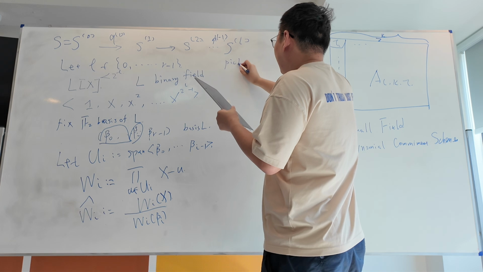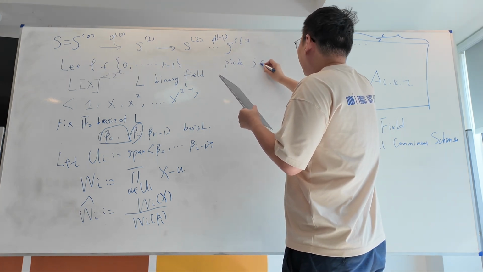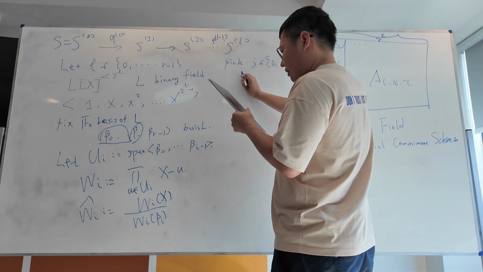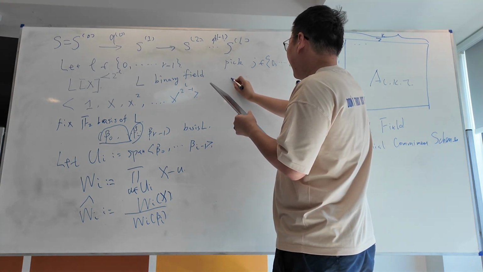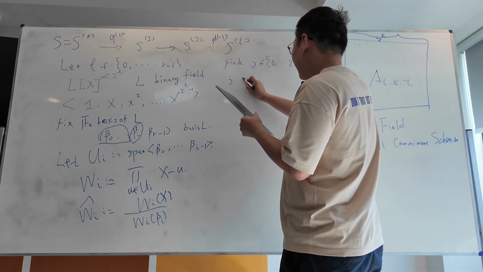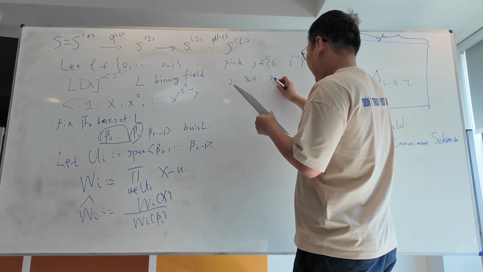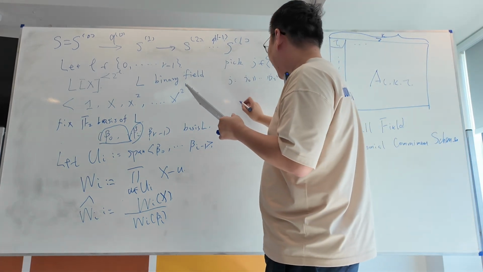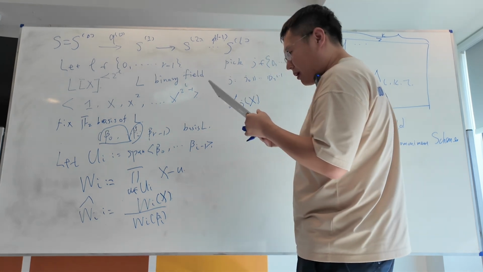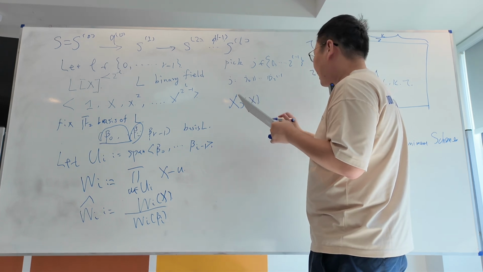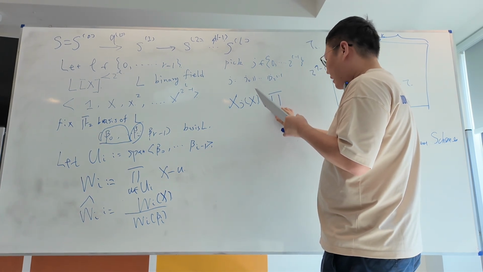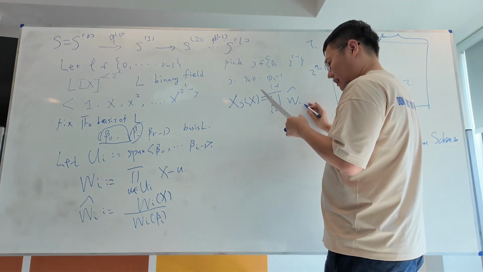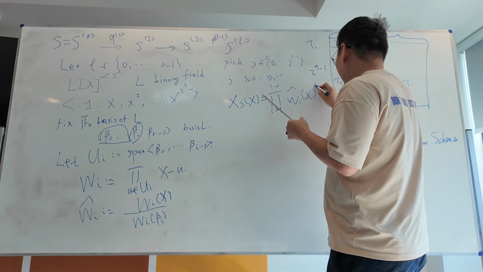So let's pick j from 0 to 2^l - 1, and we write j in bits, j_0, j_1 up to j_{l-1}. These are just the bit representation of j, and we define X_j, the polynomial associated with j, as a product.